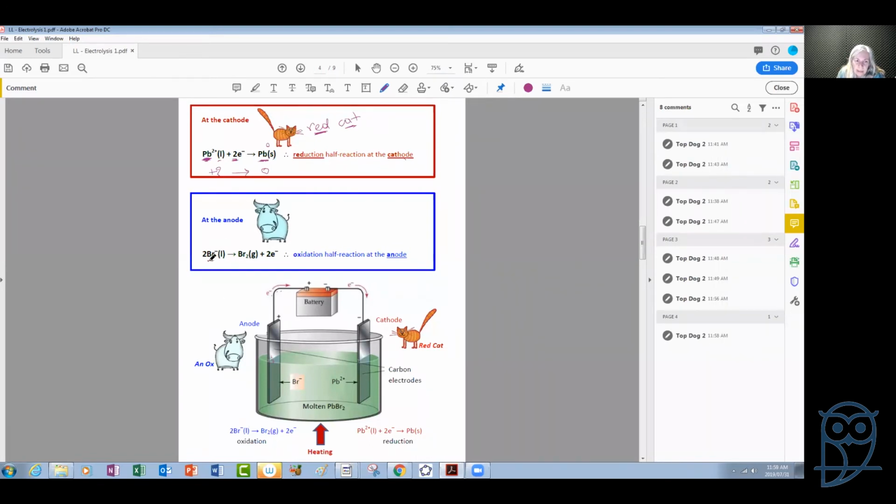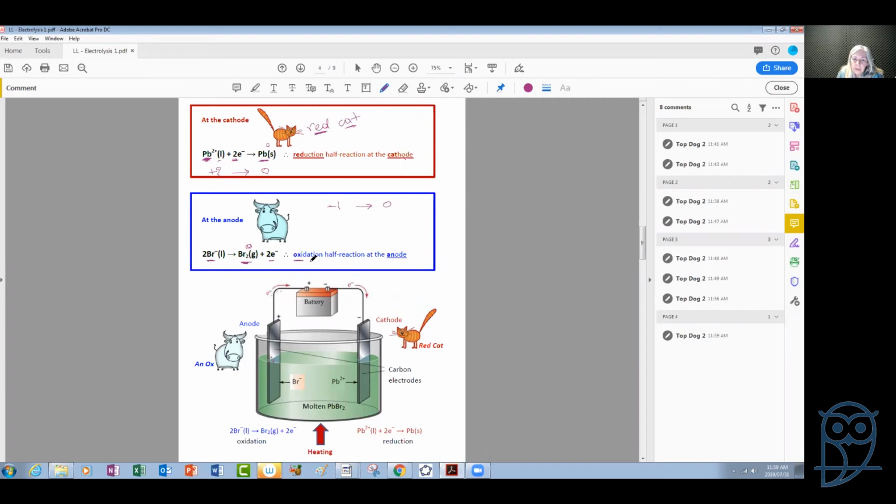What reaction takes place here? The bromide ions become bromine element, a gas, leaving two electrons at the anode. Here we see that bromine goes from the oxidation state of -1 to 0, because it becomes an element. So it increases in oxidation number, so it's oxidation.